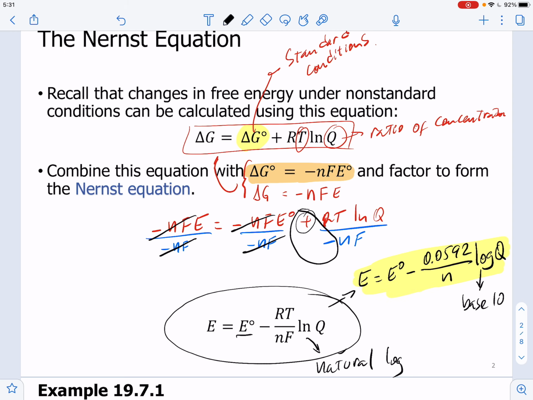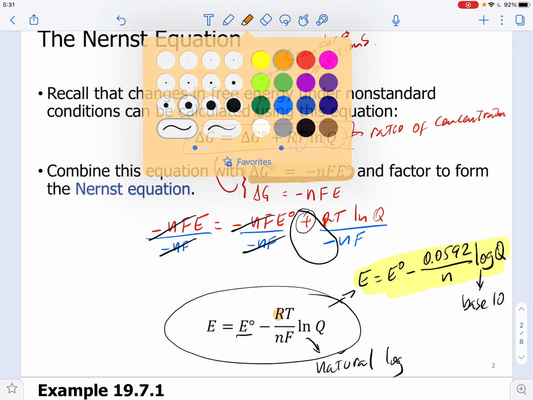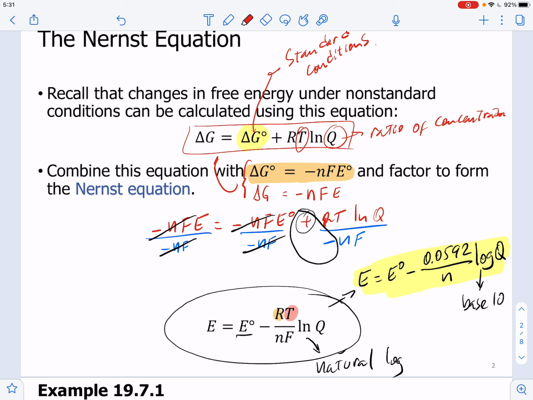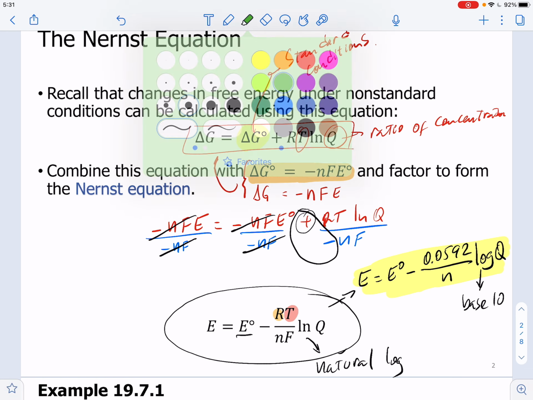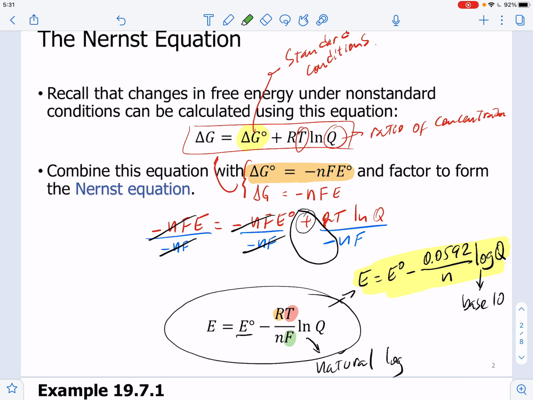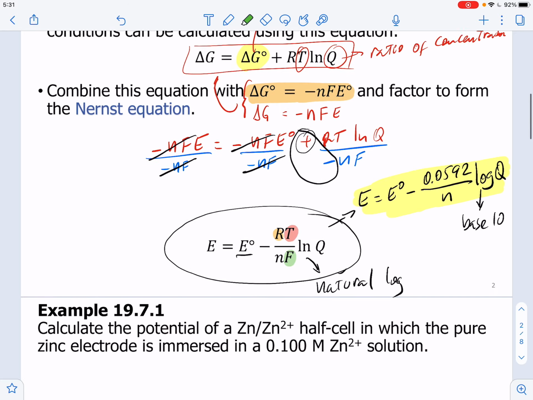Because if not, then you will have to be multiplying R times T times F on top of everything else. So it's up to you how you're going to use it. Either way, you're going to have the same answer. For the most part, I will probably be using the full equation.